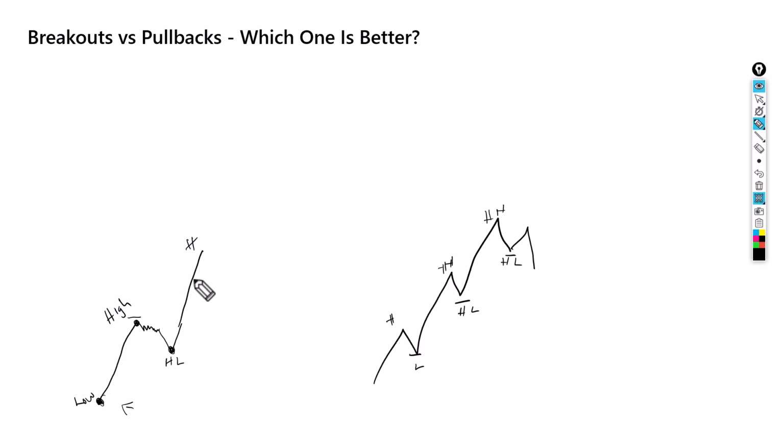Now, when price gathered enough momentum to break above this resistance area to form this high, then this particular high, compared to this previous high, is a higher high. And that's where the naming convention of higher lows comes from. Remember, this was our low and this is another low, but this low is higher than this low, and that's why it's called a higher low.